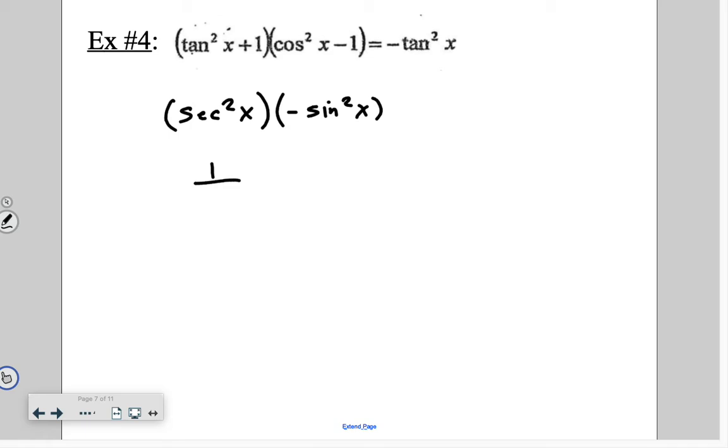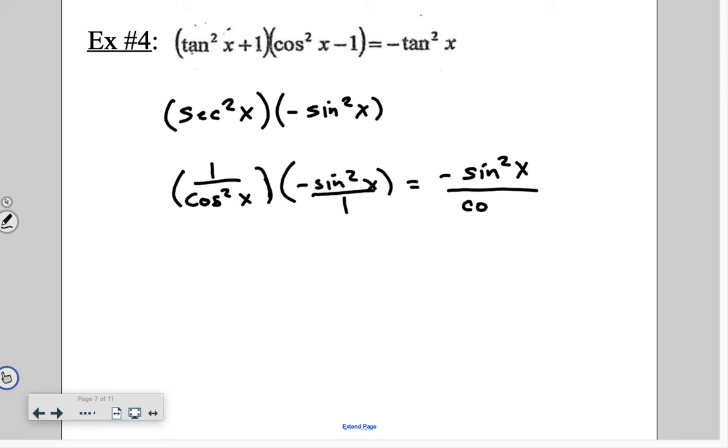We end up with 1 over cosine squared x. And then we have a negative sine squared x, which is over 1, technically, yep. And when I multiply those, we get negative sine squared x over cosine squared x, otherwise known as negative tangent squared x. There it is.